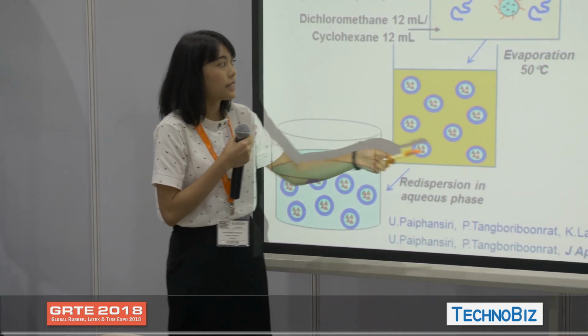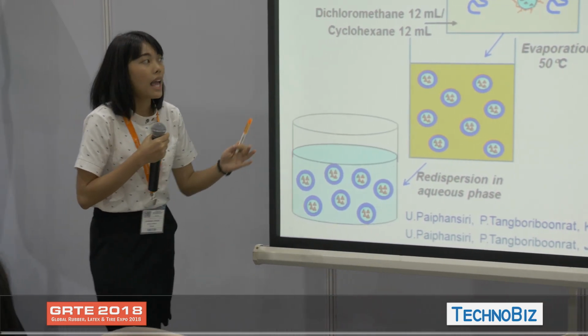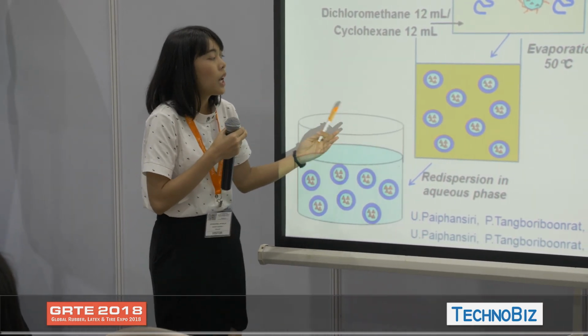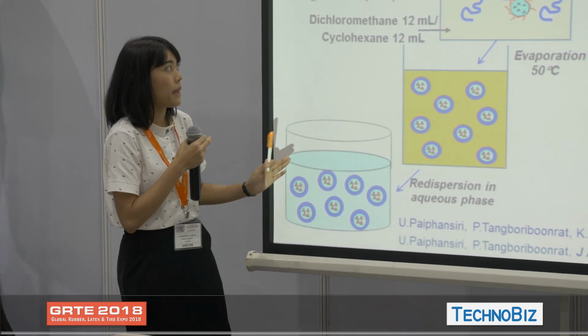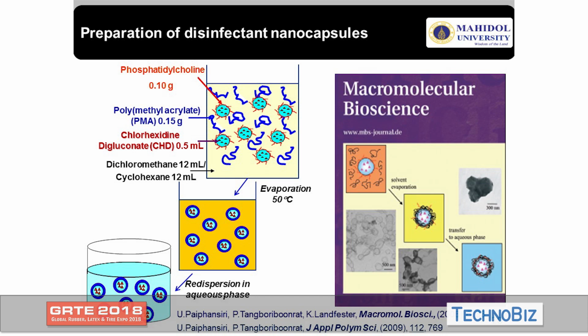After heating at 50 degrees Celsius, dichloromethane was evaporated and led to precipitation of PMA, which forms a continuous phase and deposits on the aqueous droplet of CHG.